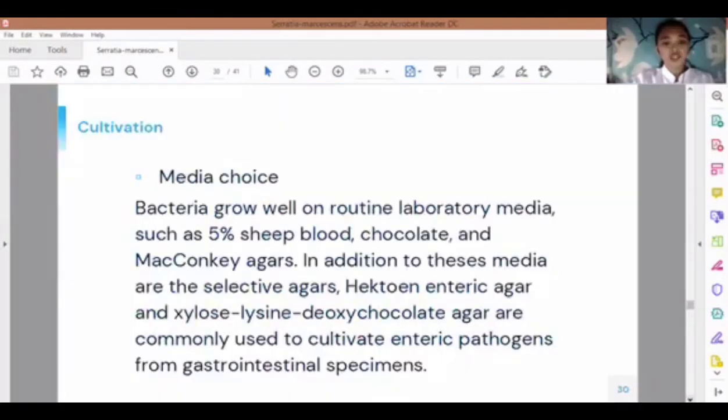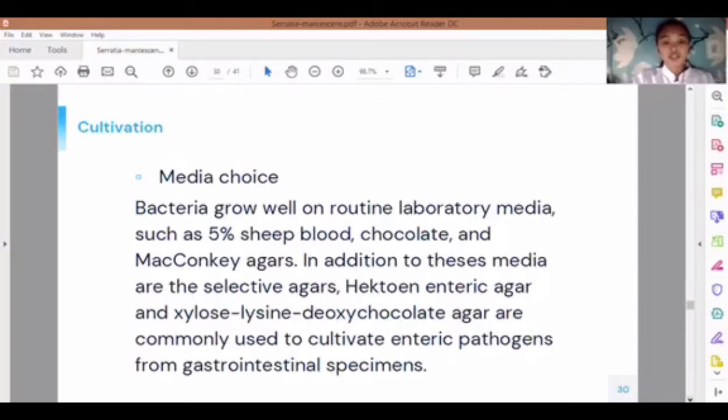In cultivation, in media choice, bacteria grow well on routine laboratory media such as 5% sheep blood, chocolate, and MacConkey agars. In addition to these media are the selective agars; Hektoen enteric agar and xylose-lysine-deoxycholate agar are commonly used to cultivate enteric pathogens from gastrointestinal specimens.